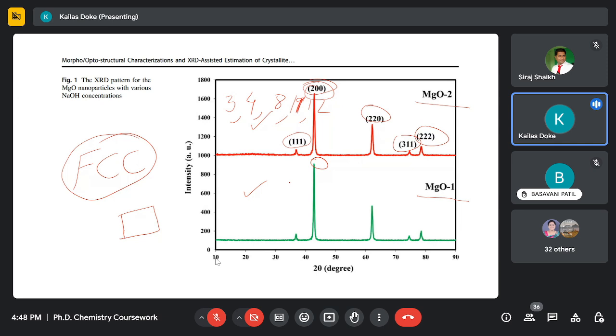This is the maximum intensity of the peak, and using some mathematical calculation, we find the half intensity value. What is the width of the peak? This is called the full width of the peak. This is the half intensity peak, where this width W value is called beta D.